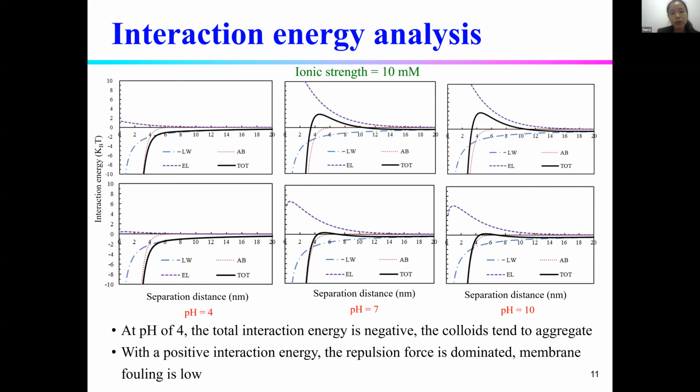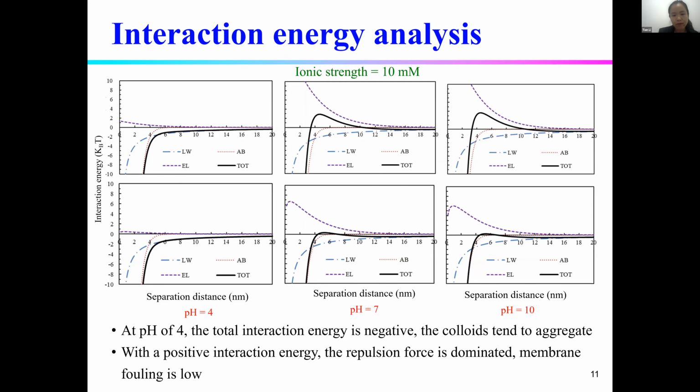For the modeling work, for a thorough analysis, we use the XDLVO interaction energy to characterize the fouling mechanism. We measure the 3 interaction energies, and we also measure the total interaction energies.